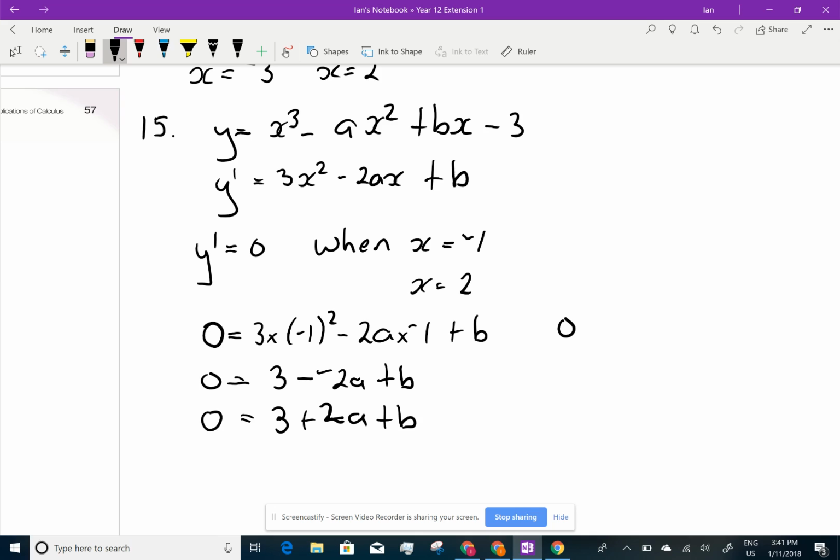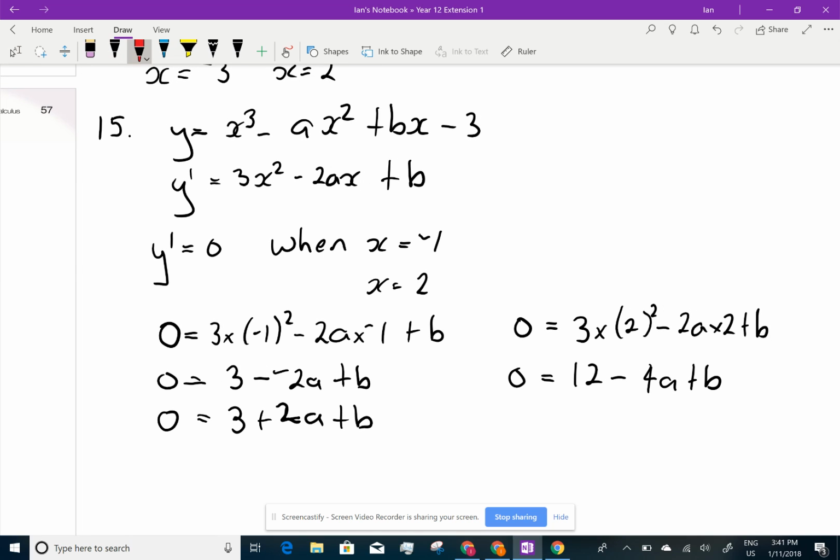Now, let's do the other one. 0 equals 3 times 2 squared minus 2a times 2 plus b. What do we get? 3 times 2 squared is 12 minus 4a plus b. So now I've got two equations. I'll call that equation number 1. I'll call this equation number 2.